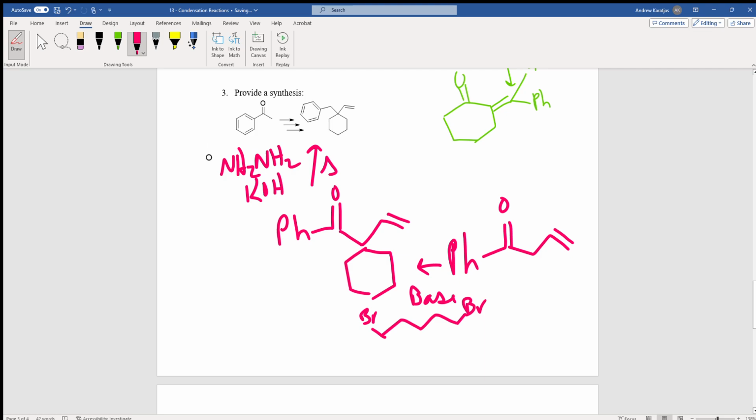Now the complication comes in that we need to get 2 additional carbons on there. We need to do an elimination, but we also need to end up with an unconjugated alkene.